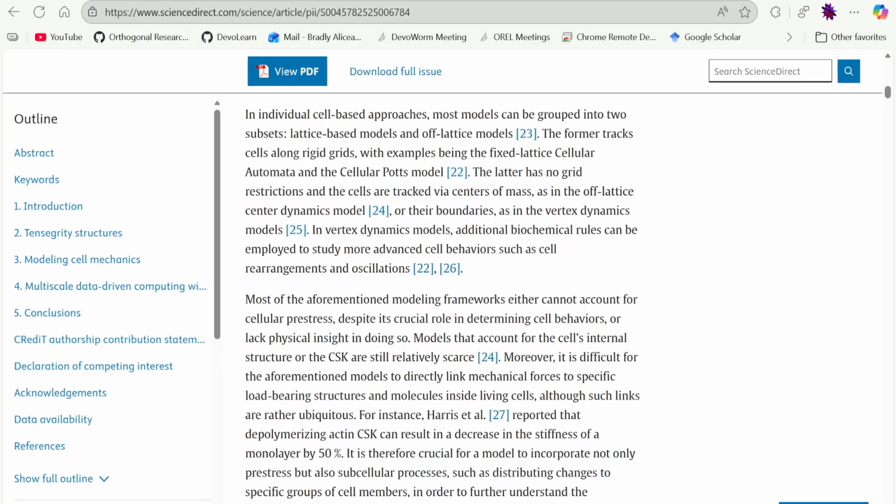And then the off lattice based model is where they don't have a reference grid. And so cells are basically tracked as centers of mass. So this is like the point clouds that we use in cell tracking data. We track the nuclei, we track the centroid, and we don't worry about a reference grid.